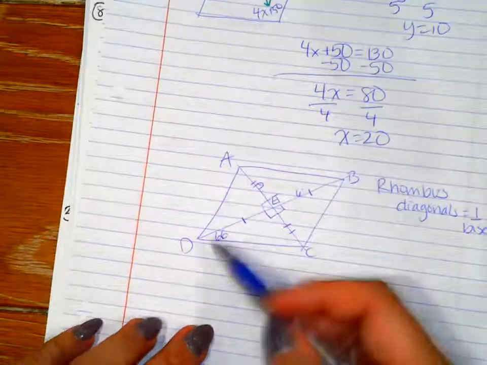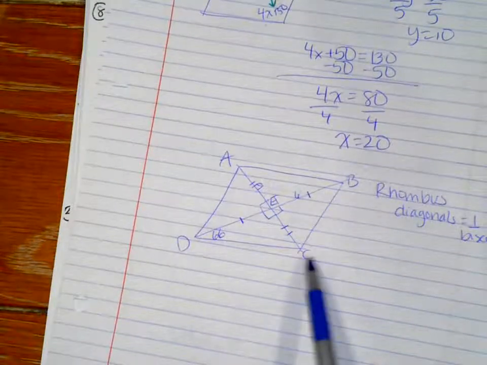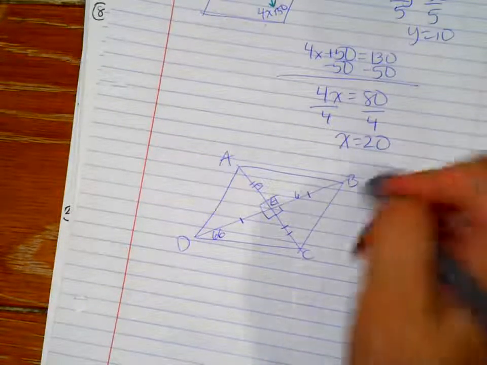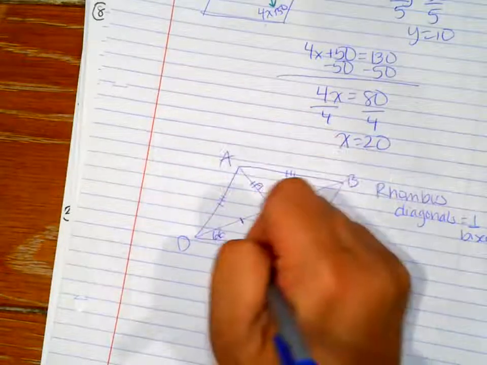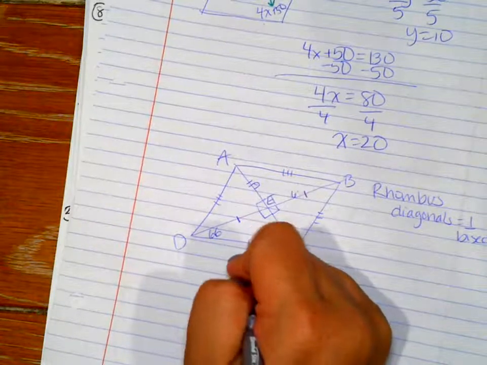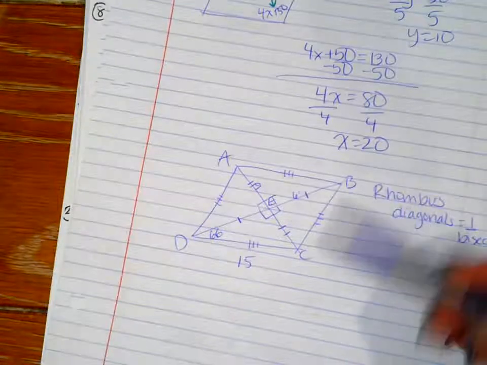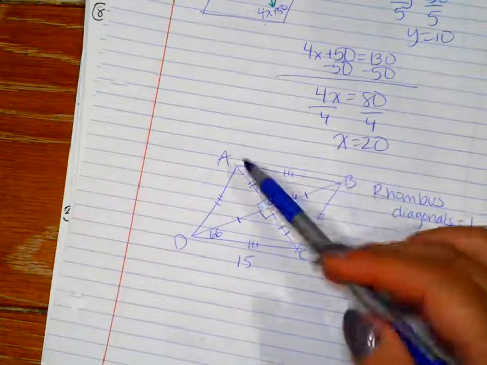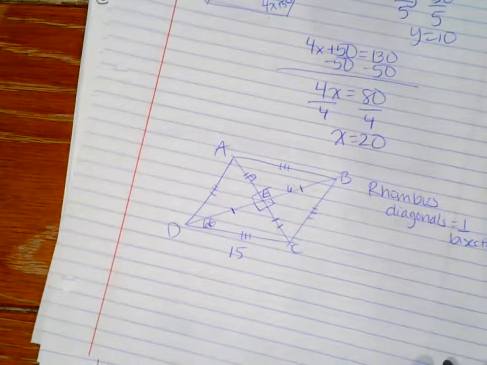So depending on what it asks you, you can find the lengths of all the diagonals. You also need to know that the outsides are all the same. If I told you that DC was 15, you would know that BC is 15, that AB is 15, that AD is 15, because that's what a rhombus is. All the sides are the same.